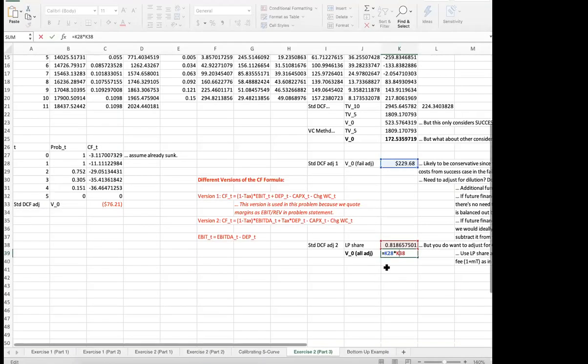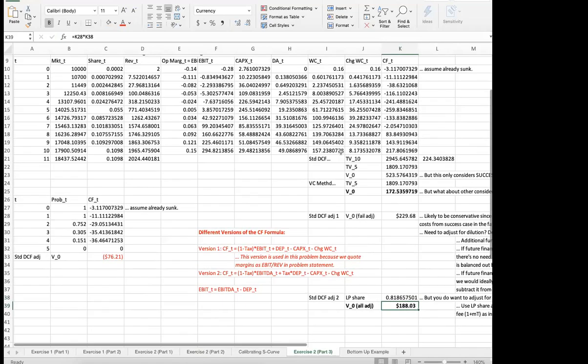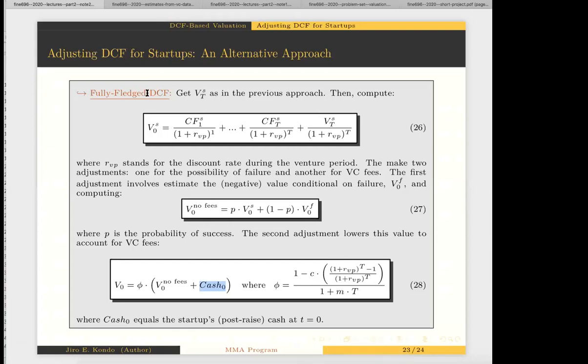And that gives us a number equal to 188 million. So notice in this specific example, Secure Tech, whether we use the first approach that I discussed or the second approach, this is the DCF with VC method. This is our eventual answer for the second approach, which I refer to as fully-fledged DCF.